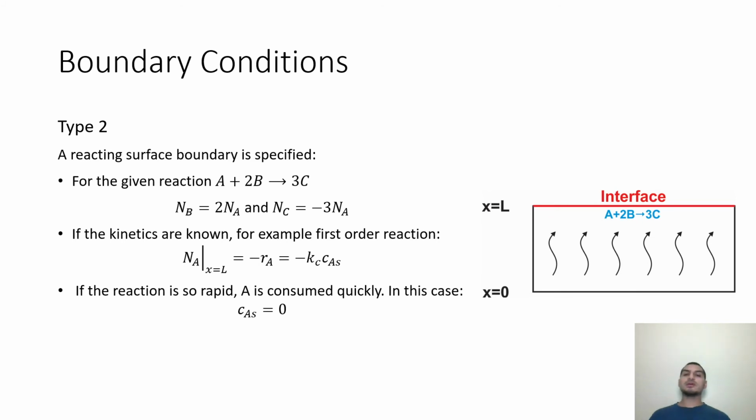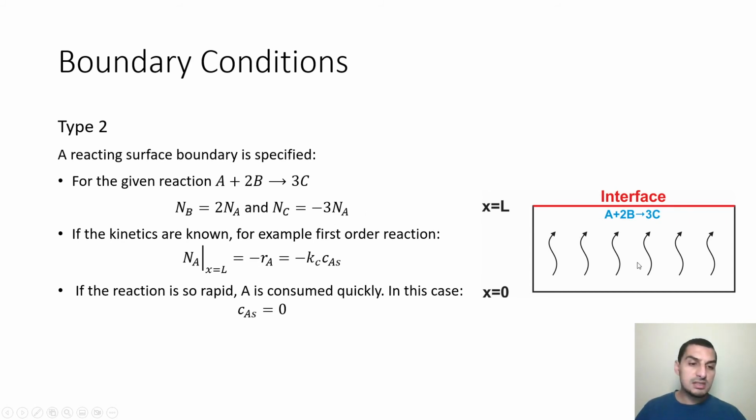When we have a reaction, or the boundary condition is a reaction, then we have three options. The first option is to define the fluxes of different species from the stoichiometry of the reaction. So I know from the balance of the equation that A reacts with 2B to produce 3C. So the flux of B is double that of A, and the flux of C is 3 times that of A, but I have a negative sign here.